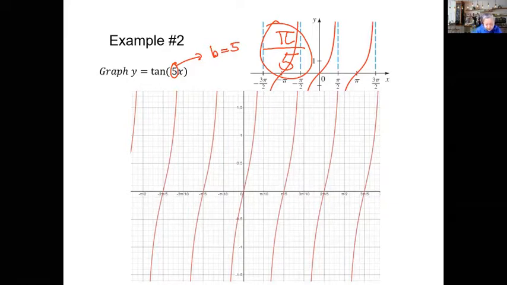You divide the period of tangent, pi, by the b value of 5, and the result appearing on the graph is nothing but the period shrunken horizontally to 1/5 of the distance. You can see by all the labels compared to the original function, right? Then it should appear in that graph there.